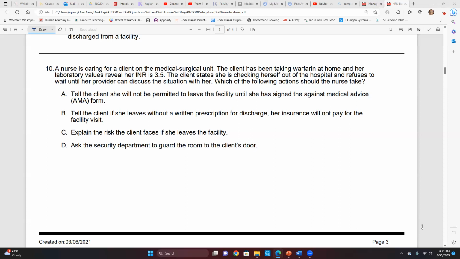Oh my God, I'm in between two things. If she leaves without written prescription for discharge, the insurance will not pay. That's not necessary. I'm in between 1 and 3.